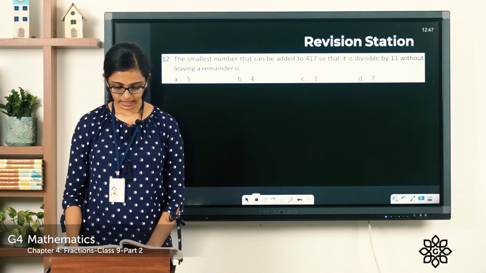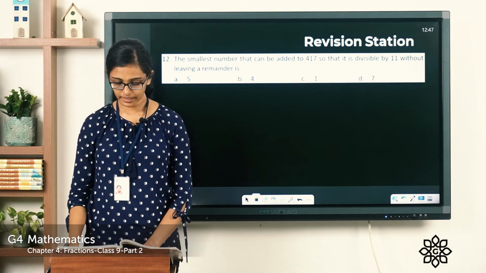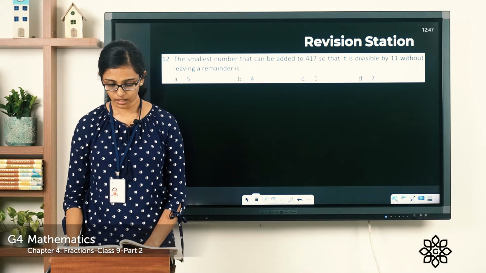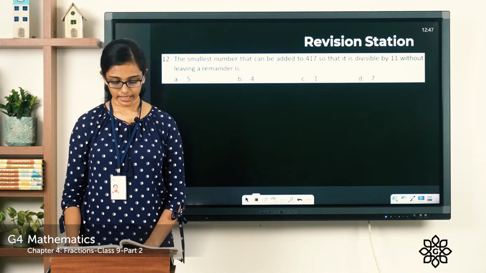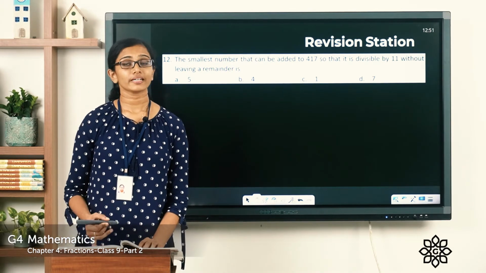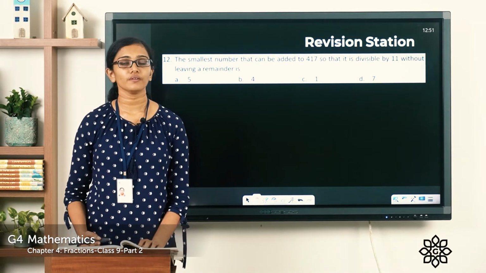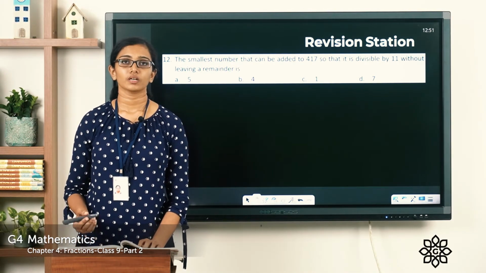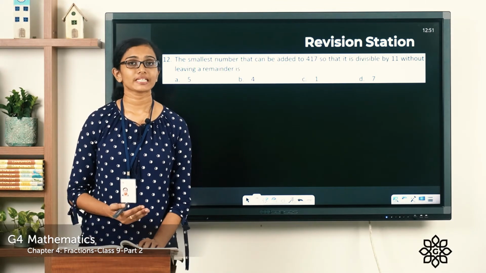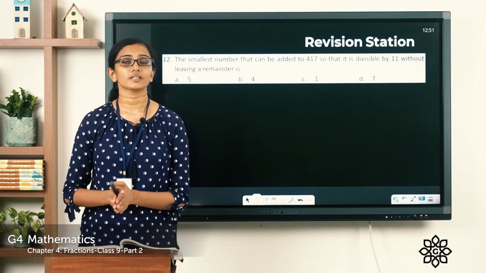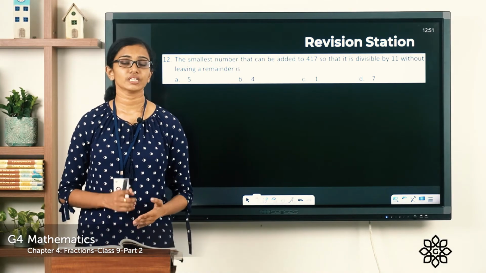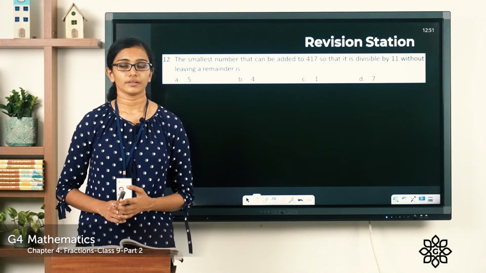Now the last question: the smallest number that can be added to 417 so that it is divisible by 11 without leaving a remainder is. So we have already learned about the divisibility rule of 11. What is it? For a number to be divisible by 11, the difference of the sums of the alternate digits should either be 0 or 11, right?